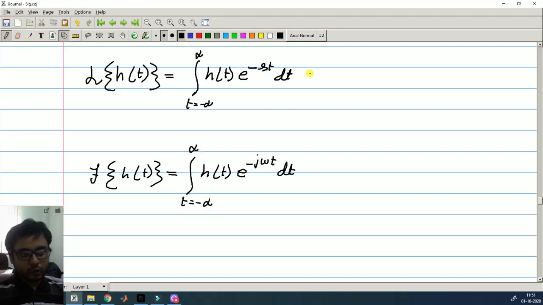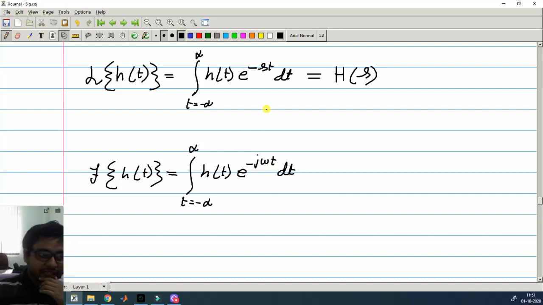Now if we denote this Laplace transform as capital H(s), a function of s, then you see that if I put j omega in place of s, that becomes the Fourier transform. So H(j omega), obtained by replacing s with j omega, is the same as the Fourier transform of this signal.